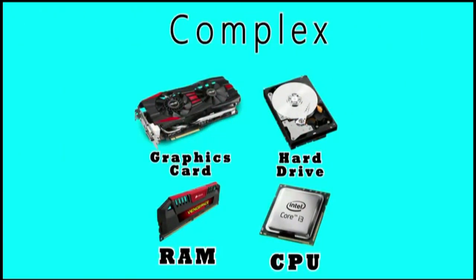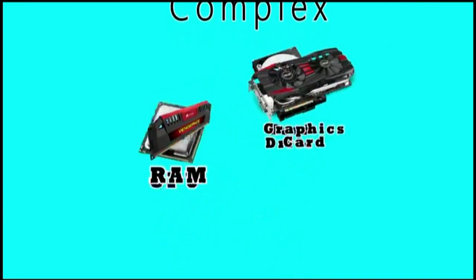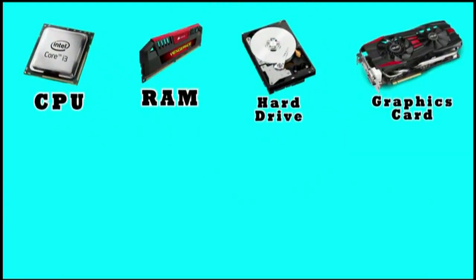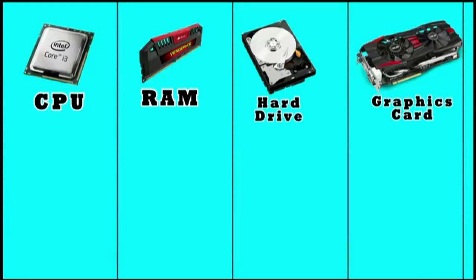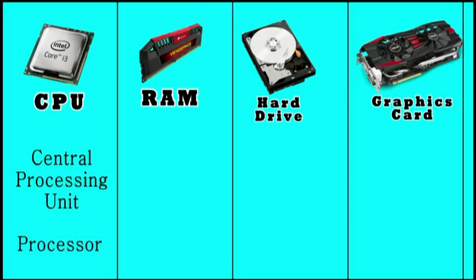Now come to the category of complex parts. These are CPU, RAM, hard drive and graphics card. First, I am going to give you a simple overview of these. CPU stands for Central Processing Unit, or we can say processor.